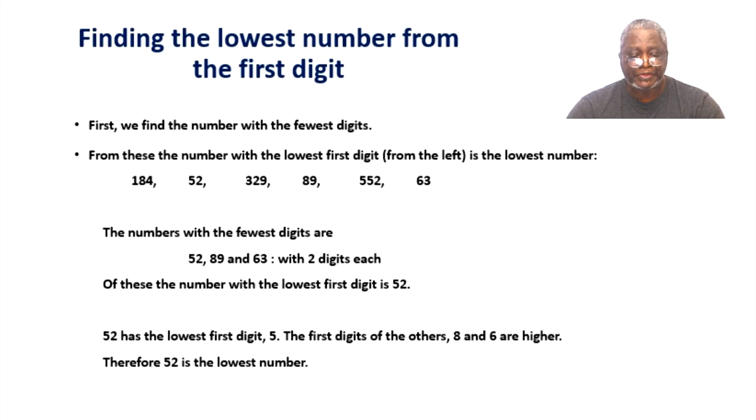The numbers with the fewest digits are 52, 89, and 63 with only 2 digits. Of these, the number with the lowest first digit is 52 because it's got a 5 compared to 8 or 6. So 52 has the lowest first digit. The first digits of the numbers 89 and 63 are higher. Therefore, 52 is the lowest number.